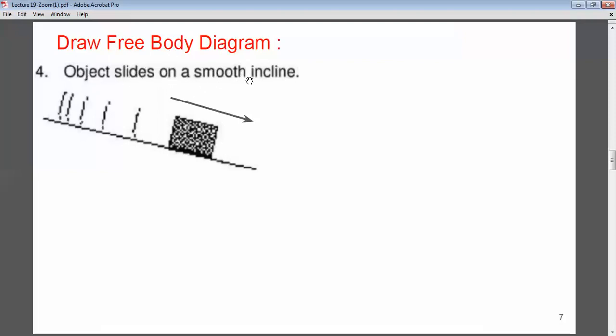Now, object slides on a smooth incline. Whenever it says smooth, it implies no friction. So I draw the surface, and this time my surface is inclined. I put my object. Now I have the weight always perpendicular to the ground.